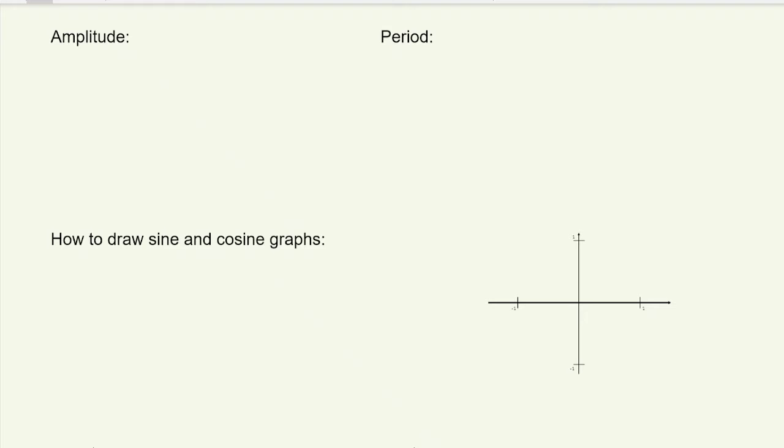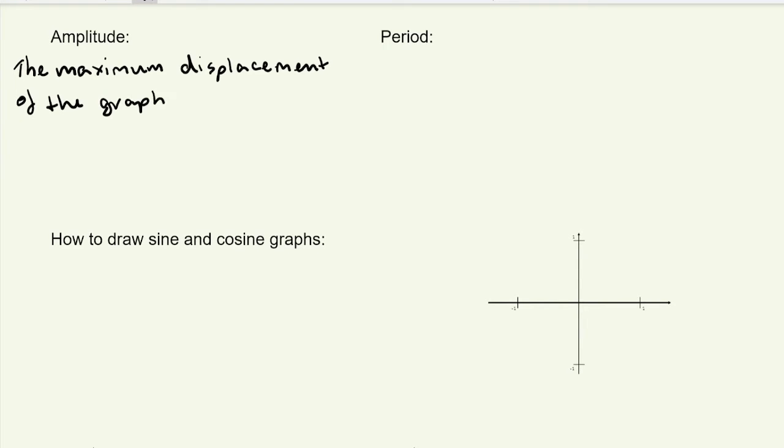One of them is called an amplitude. So the amplitude is how it's affected on the x-axis. So it's the maximum, and the word we use is displacement. So the change in position is displacement of the graph from a reference level.